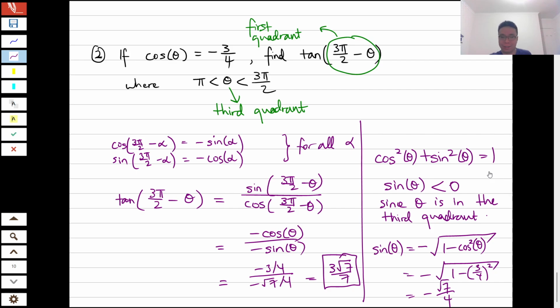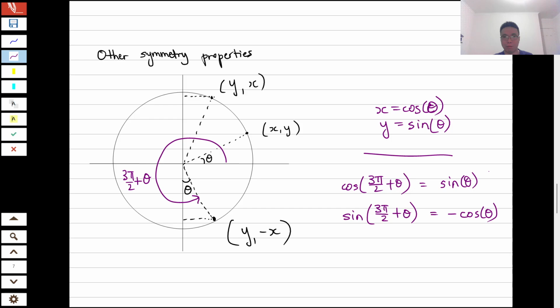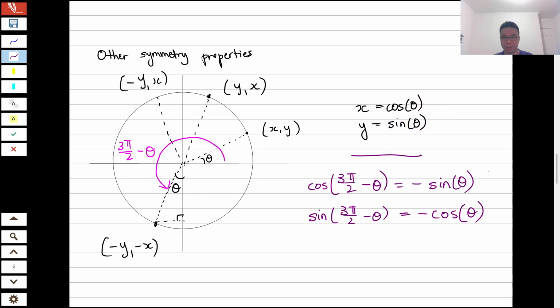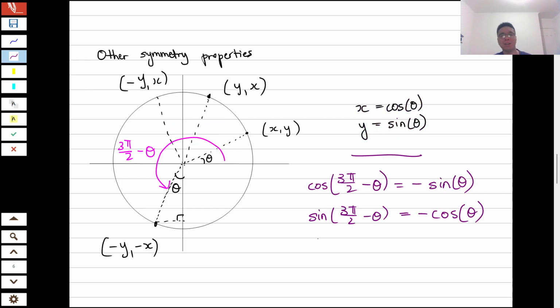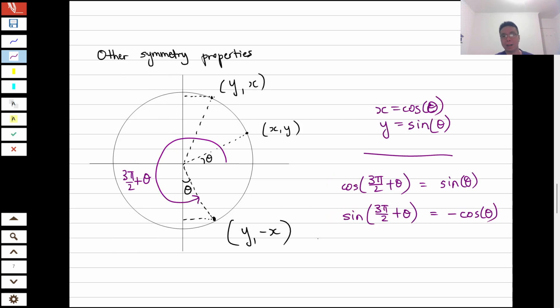If it's any comfort, this is pretty advanced content, what we've just done with these symmetry properties. But it has come up on exams, so we do expect that you know this, and particularly these two formulas. Not so much the other ones, but if you know these two, in theory, you can derive the other formulas as well, which means it's pretty fair game to test you on these as well.